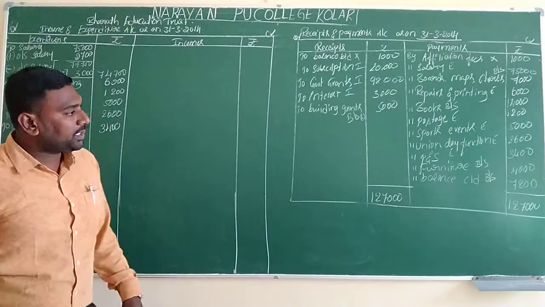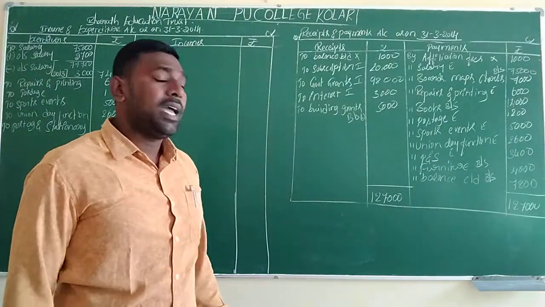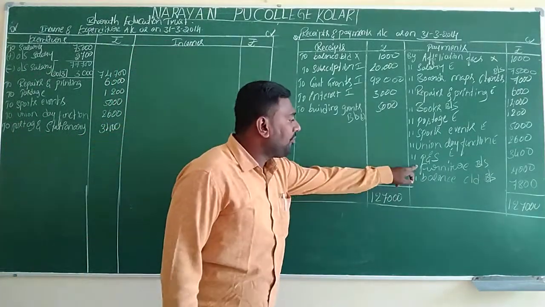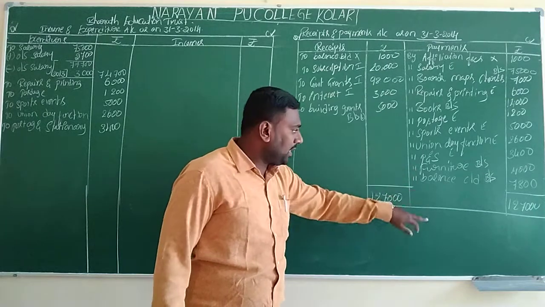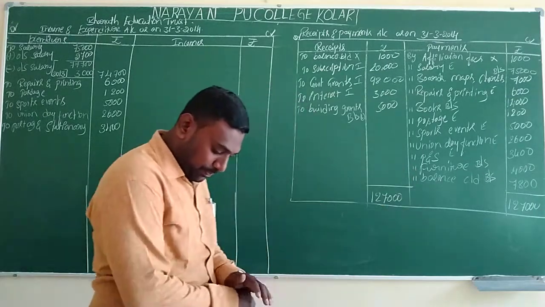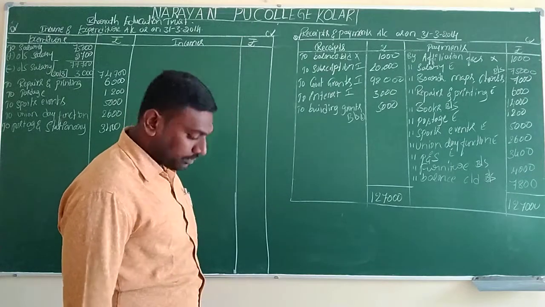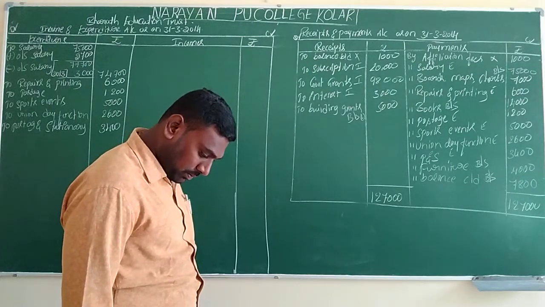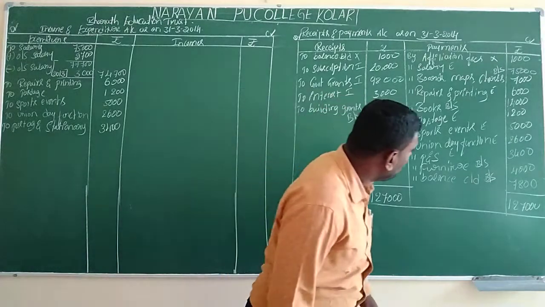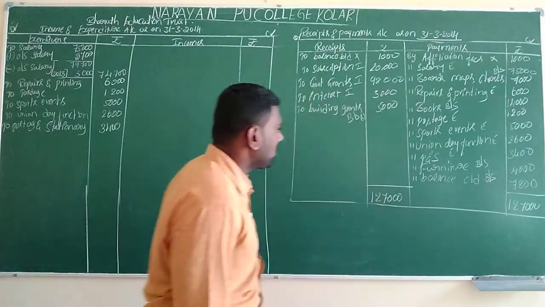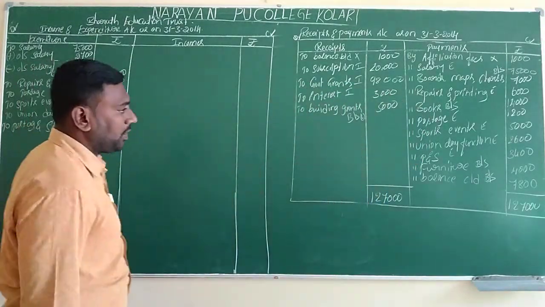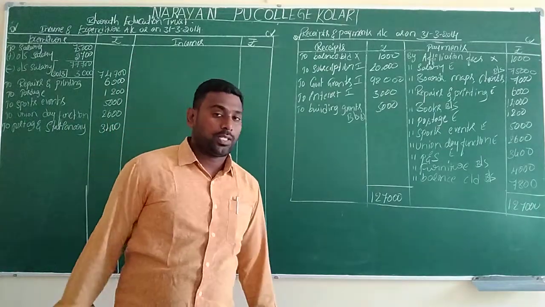The 3,400 will be considered as expenses. After that, furniture is there, that belongs to balance sheet, and balance carried down is there, that also belongs to the balance sheet. So balance carried down is considered as an asset.